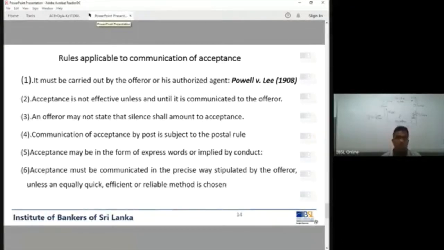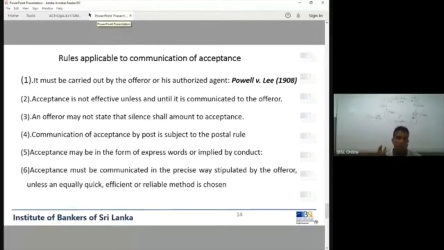Please, we have to rectify that. There is an error. It has to be carried out by the offeree, not the offerer. So the acceptance has to be made by the offeree or his agent, nobody else.